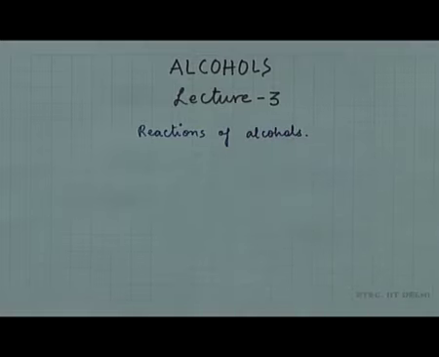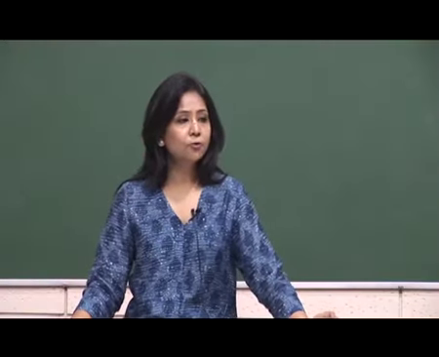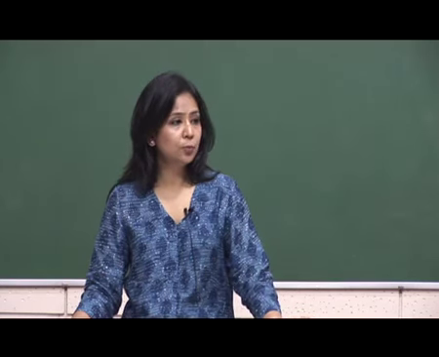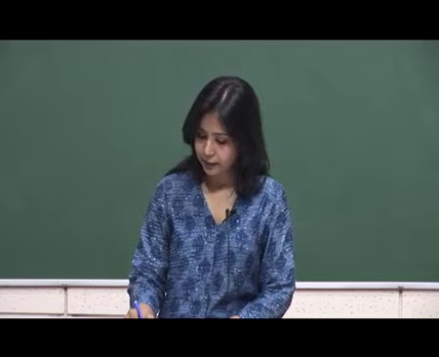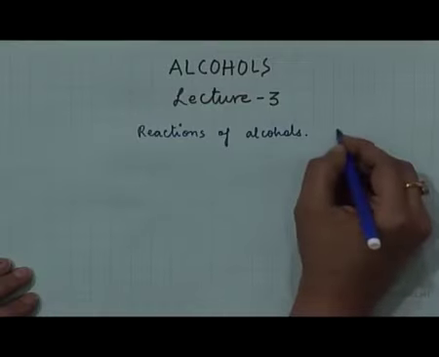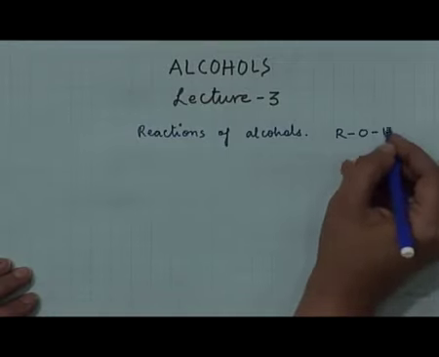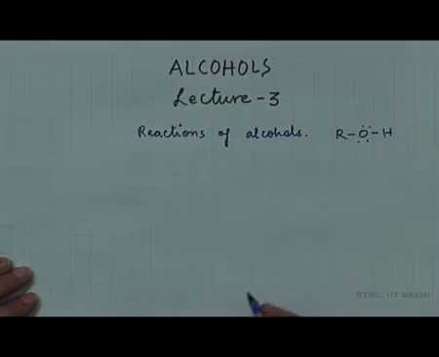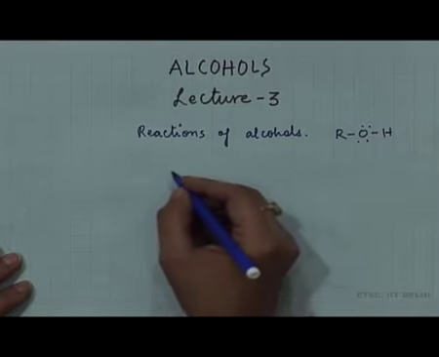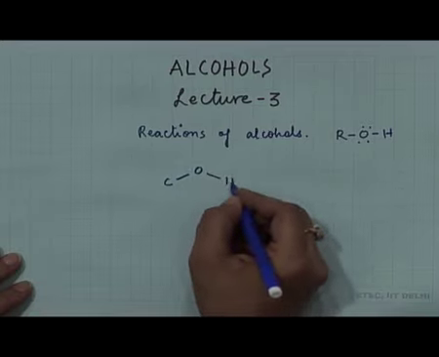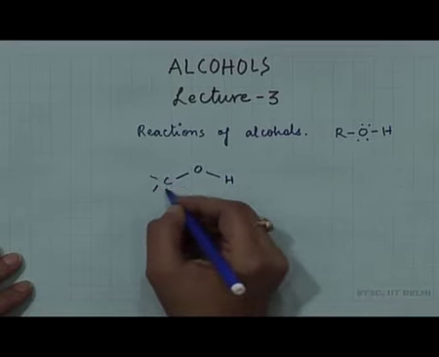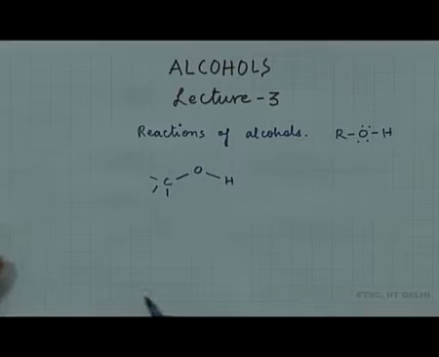But before we start, we should understand what kind of reactivity the alcohols have by virtue of the hydroxyl functional group. So, we have a hydroxyl functional group sitting next to the alkyl part. Just look at the structure. You have a hydroxy group sitting next to your alkyl, and this imparts an important electronic property to this molecule.